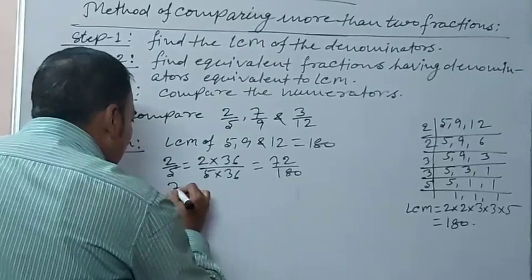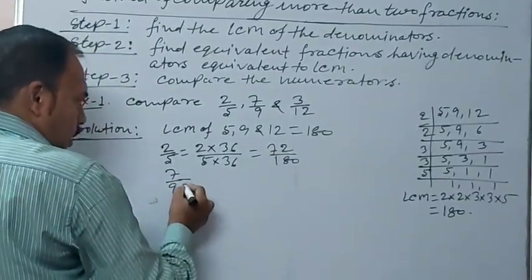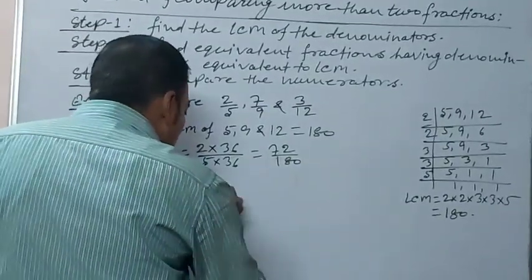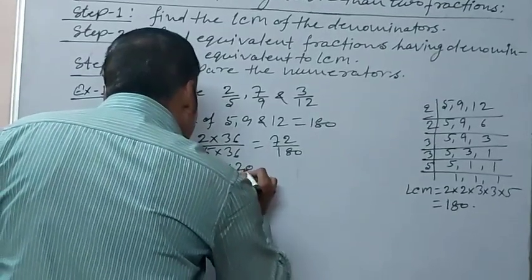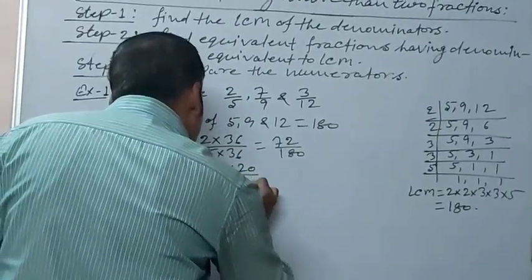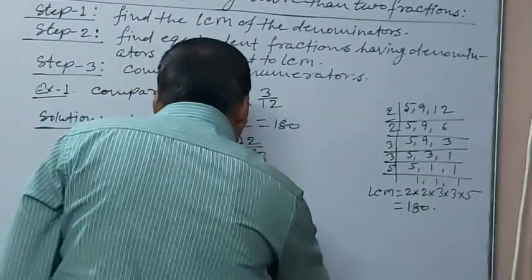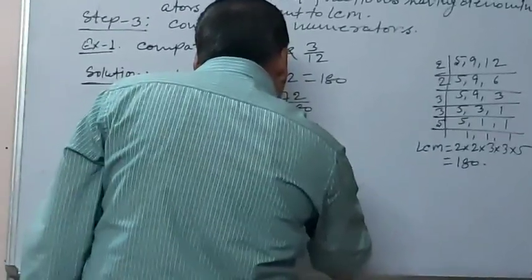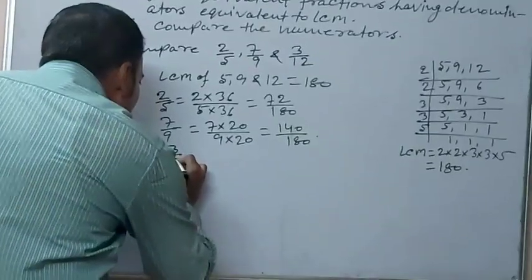Next number is 7/9. If we multiply 9 by 20, then we get denominator equal to 180. So 7 into 20 by 9 into 20, 140 by 180.